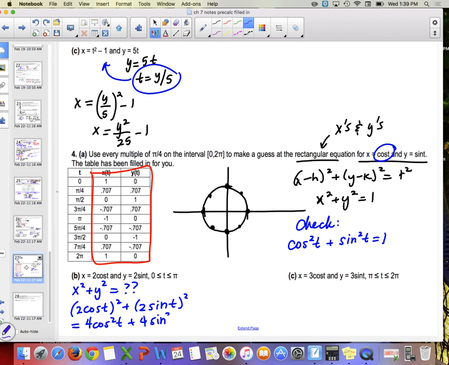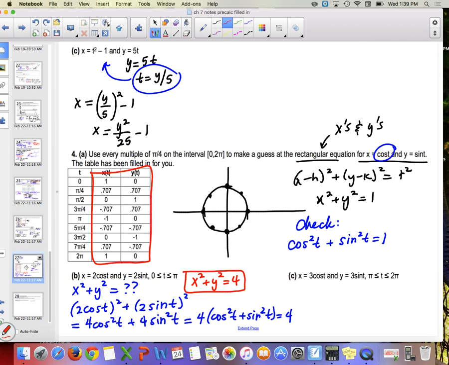What does that all equal? That equals 4 times cosine squared plus sine squared, right? Which ends up just being 4. Do you guys see? So this equation then is the circle x squared plus y squared equals 4.